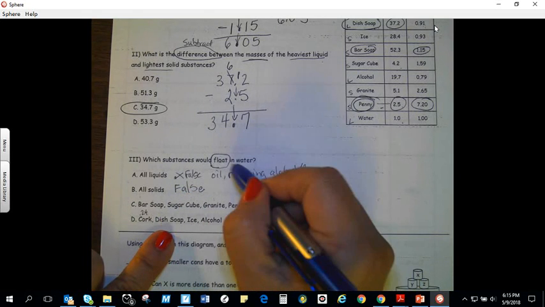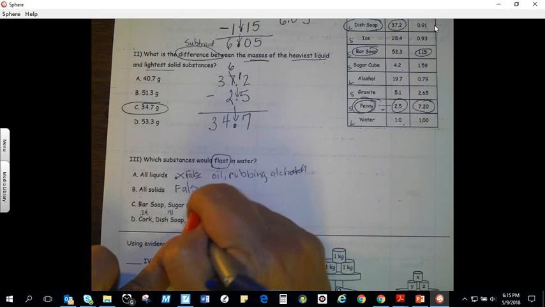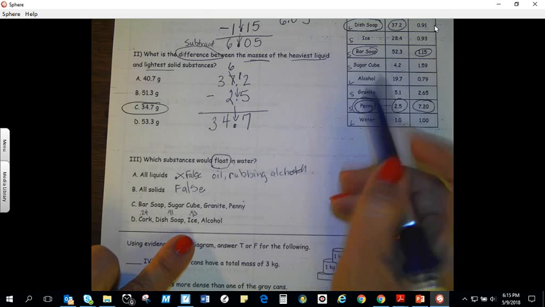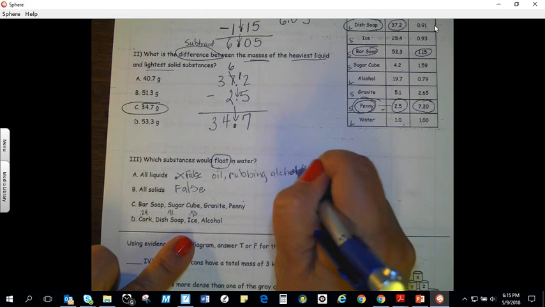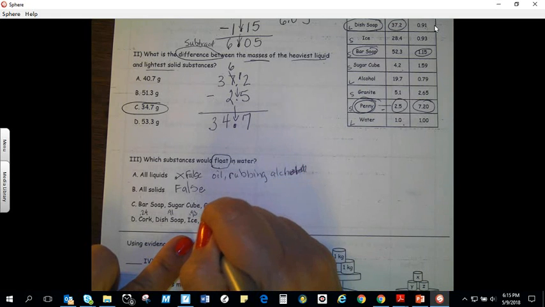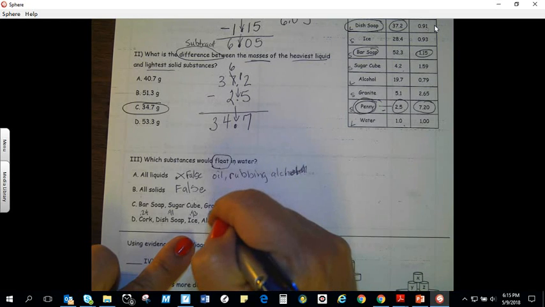So which will float? Dish soap is 9100. Ice is 9300 in density. And then we have alcohol, which is, looking over here, 7900.